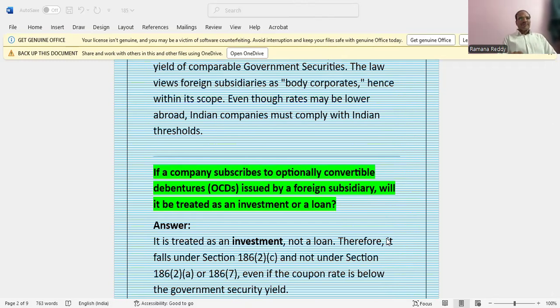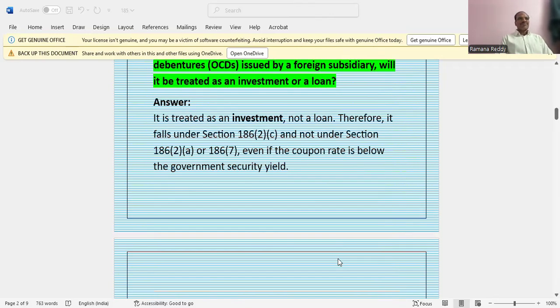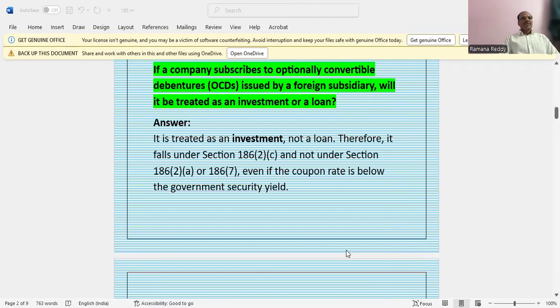Therefore, it falls under Section 186, subsection 2C, not under subsection 186 2A or 186 7, even if the coupon rate is below the government security yield. So, it is treated as an investment, not as a loan.